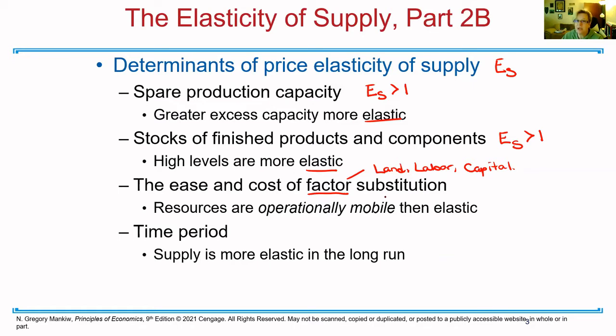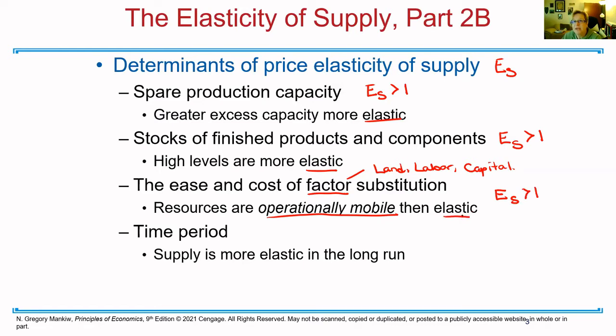That's another way. Paper clip it. That's another way. So what each of those means is there's lots of different factors you could use to attach pieces of paper together. Those are operationally mobile, meaning that it's easy to switch from one to the other. So we would say if there are substitute factors of production that you could be using, then your elasticity of supply will be greater than 1, or more elastic.